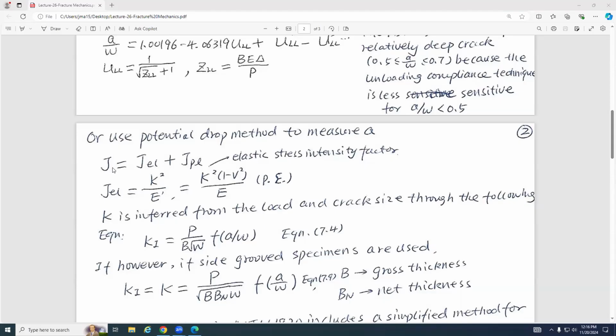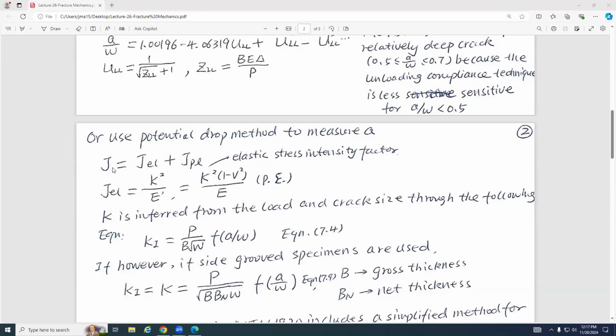However, along this line I just side groove it. Oh, I'm sorry, I'm not good at drawing, guys. Forgive me, okay? You just remove this material, and on this side you also remove this material. So here this is the BN, the net thickness.